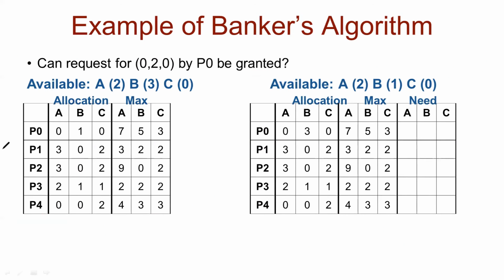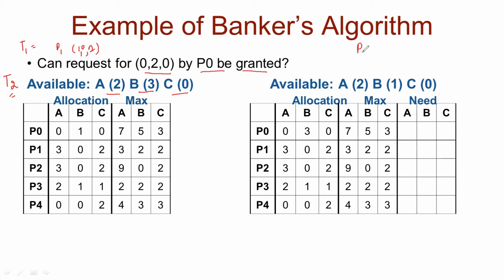Now let's see the scenario at time t equals 2. At time t equals 1, the request of P1 for 1, 0, 2 was fulfilled. We just saw this. After this request was fulfilled, this is the status of the system. Available are 2 of A, 3 of B and 0 of C. At this time, can a request of P0 for 0, 2, 0 be granted?